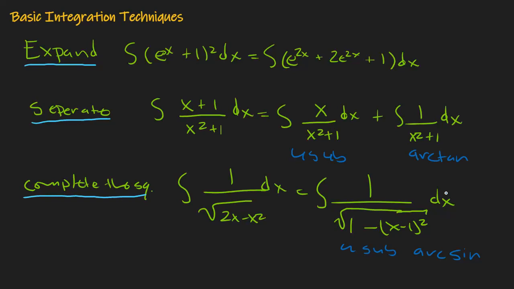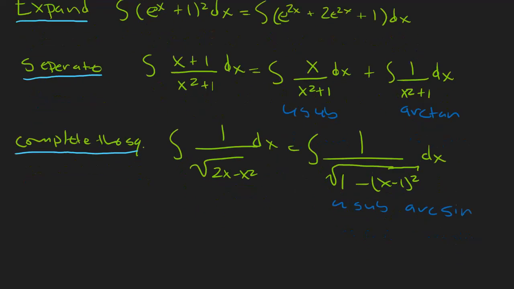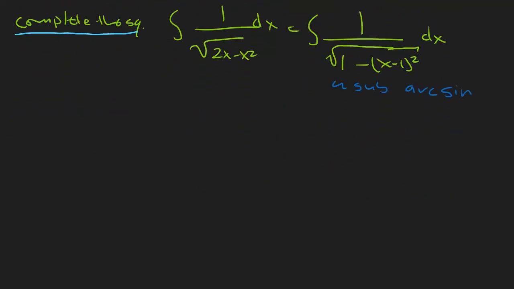Another method that we can use is what is known as long division. So we can also use long division as another way of integration. What do we mean by this? We mean that if we have, for example, the integral of x squared divided by x squared plus 1 dx, you can rewrite this as the integral of 1 minus 1 over x squared plus 1, dx.